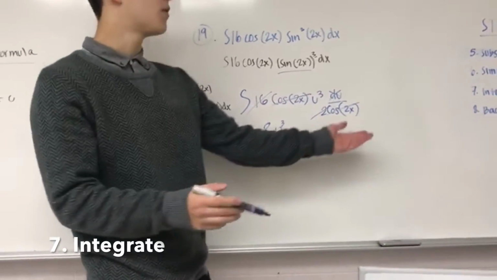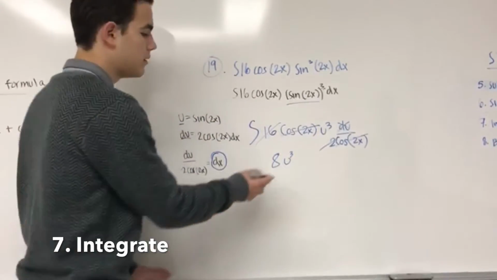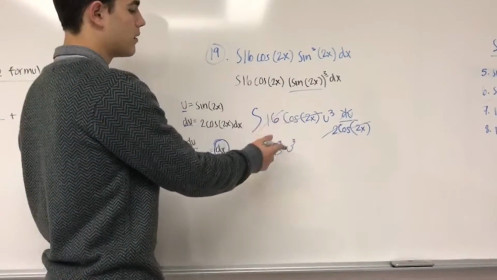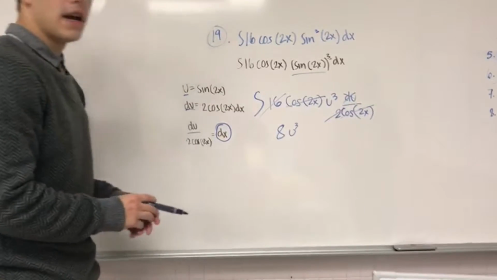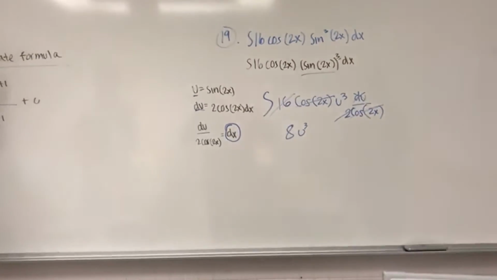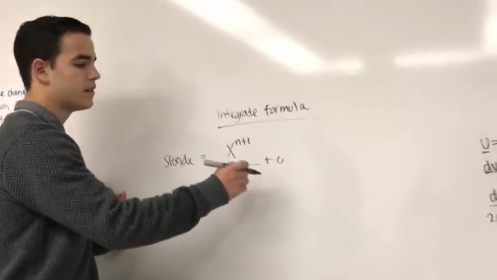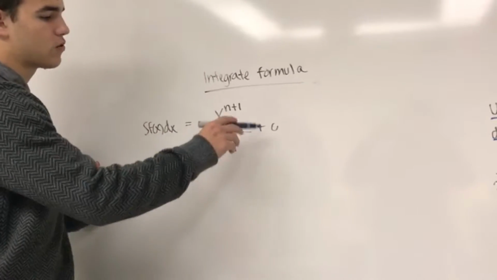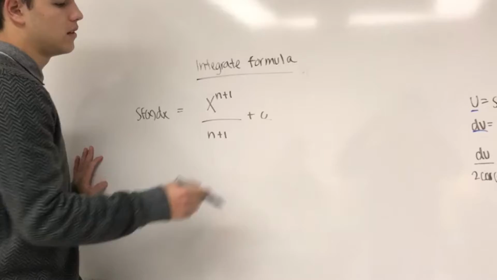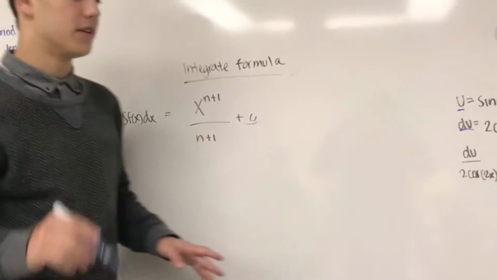Okay, so now we're going to follow step 7, which is integrate. We got 8 times u to the 3rd power, and we're going to follow the rules of integration, which is x to the n plus 1 over n plus 1 plus c, which is the most important part.